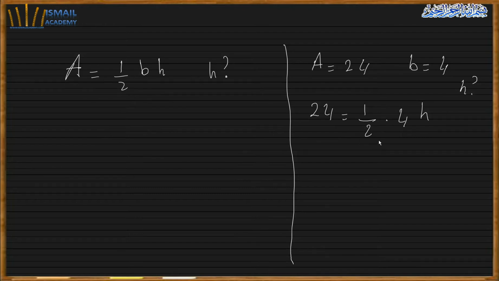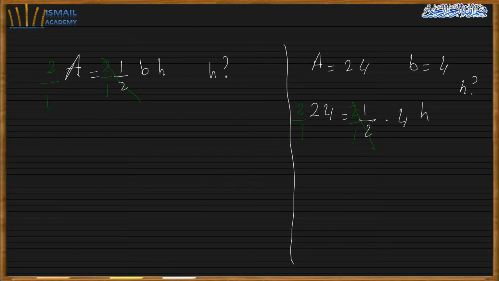First thing, because I have half, I multiply both sides by the reverse of half, which is 2 over 1. I can simplify those two, but I want to do it this way just to show you the relationship between them. Here I multiply by 2 over 1, which is the inverse of half. Now what happens to those two? They cancel out. The same thing here.